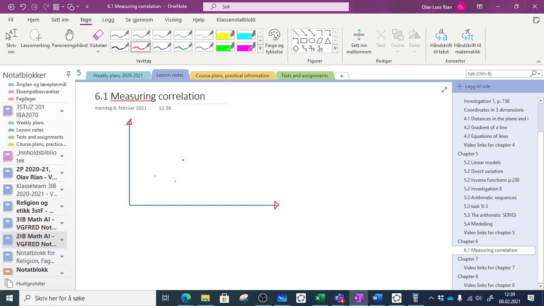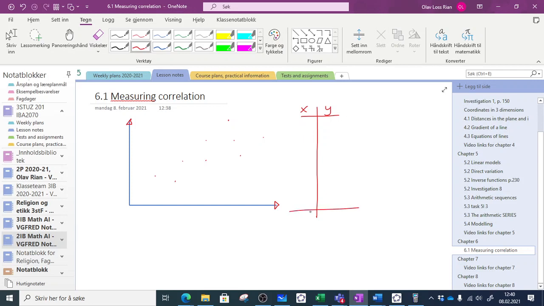So if you have a set of data points like this, you can find their values in a table. If you find the coordinates for each point, you can represent that in a table.